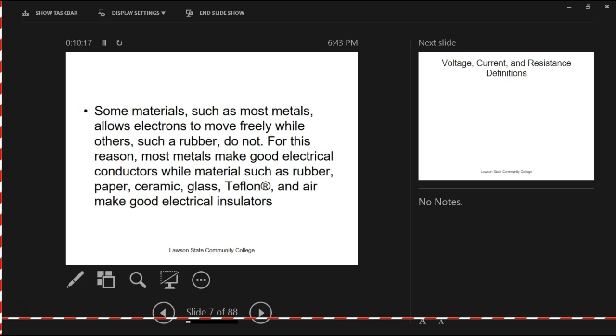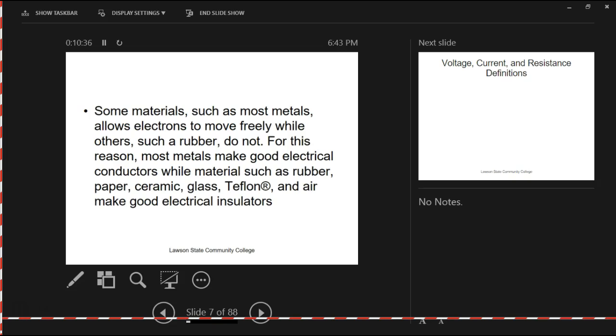Your metals are very easy. We're not going to get into technology, but the way the electrons are set up on metals, they're very easy to push out. All we need to do is have some type of potential on each side, and then the electrons will move. These electrons are jumping orbit all the time.